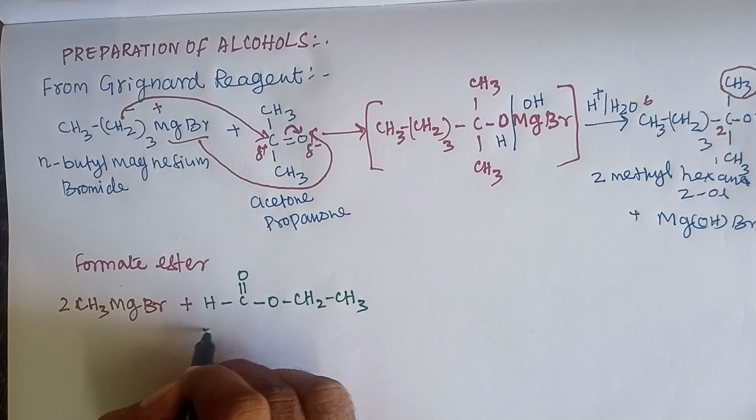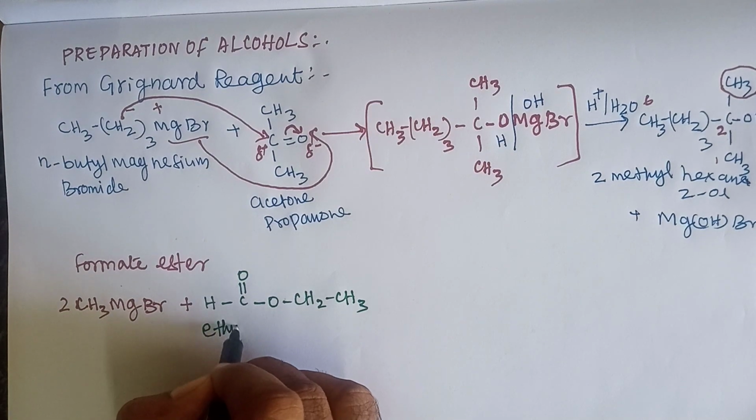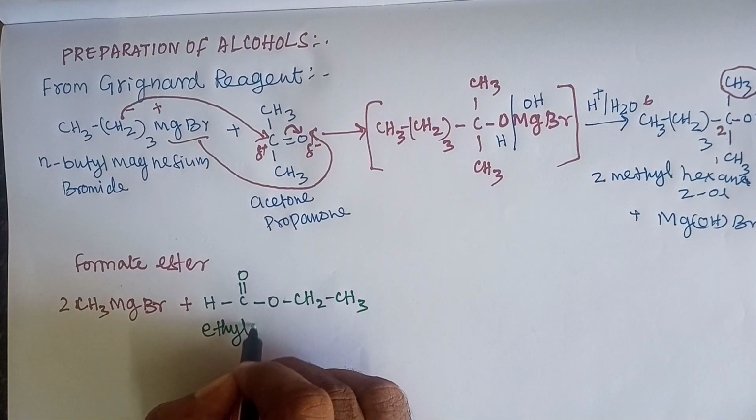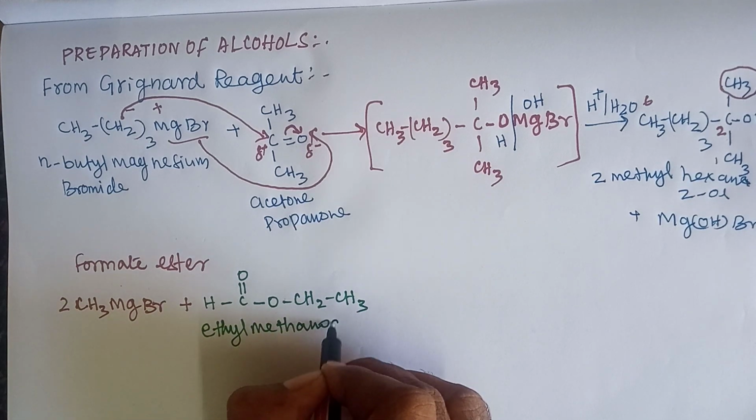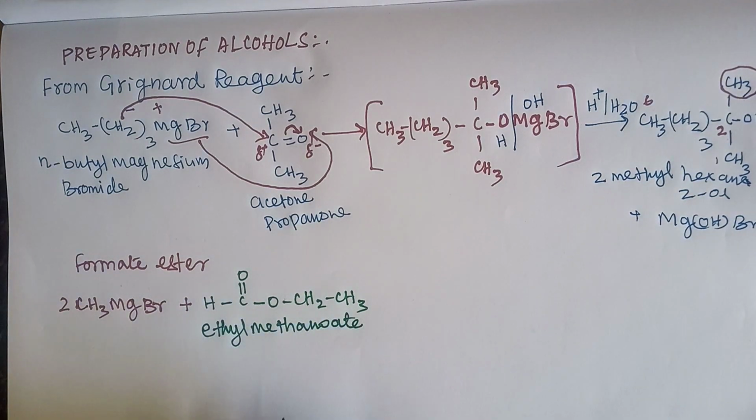So we can write ethyl methanoate, or ethyl formate. The common name is ethyl formate. The IUPAC name is ethyl methanoate.